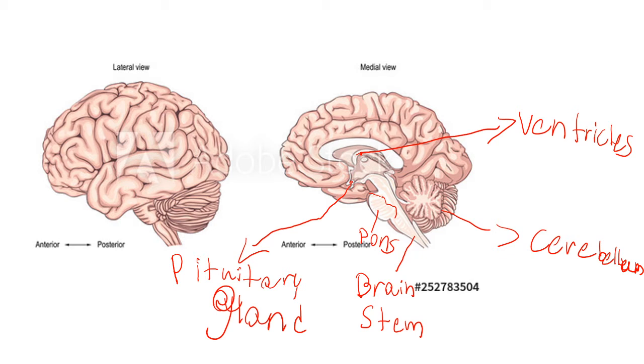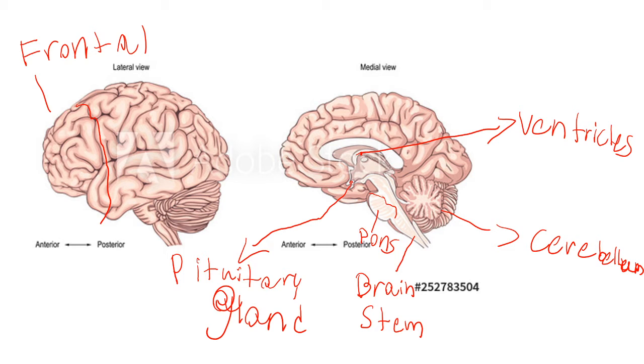So the brainstem is pretty big. This doesn't cover the entire brainstem. Look right over here. So in medial view, we're looking at the inside of the brain as well as the brainstem coming down. In lateral view, we only look at the outside of the brain, so we get the lobes, like the frontal lobe, and then the occipital lobe, etc. in the back.